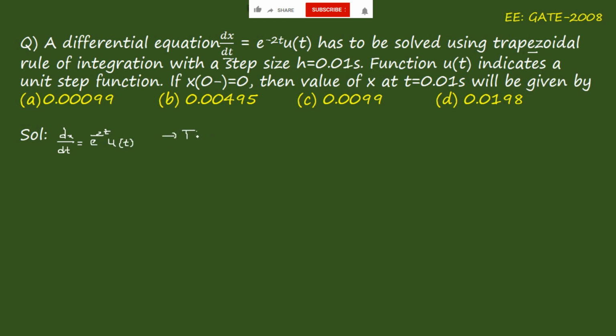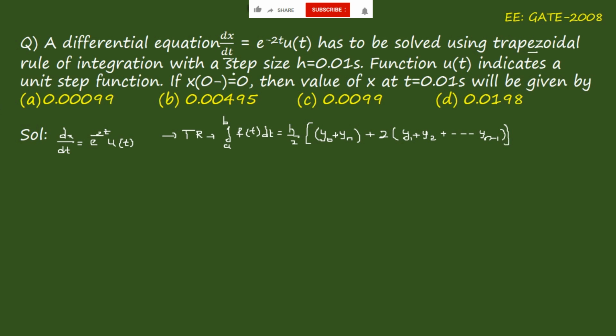We know the trapezoidal rule formula is given as integration from a to b f(t) dt is equal to h by 2 into [y0 plus yn plus 2 times (y1 plus y2 plus up to yn minus 1)].